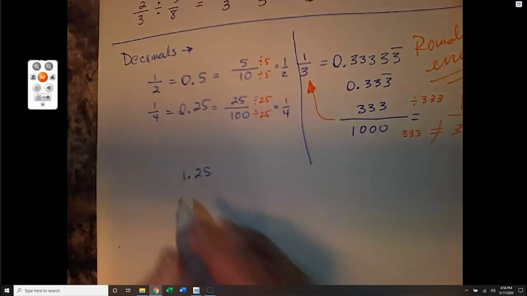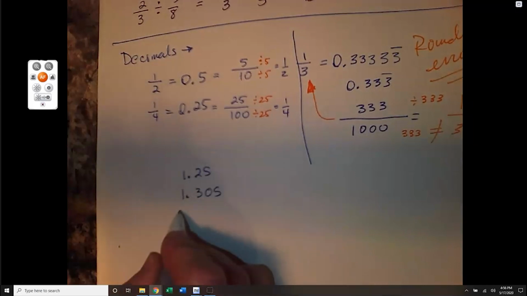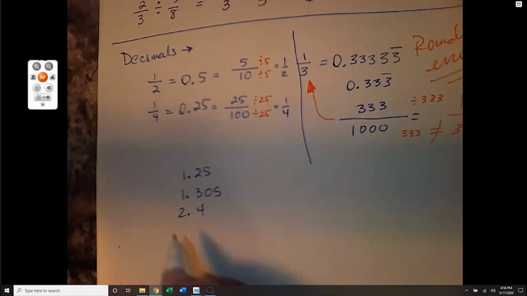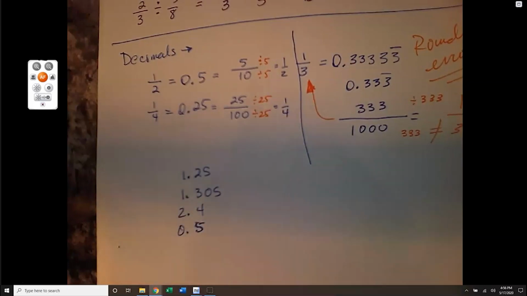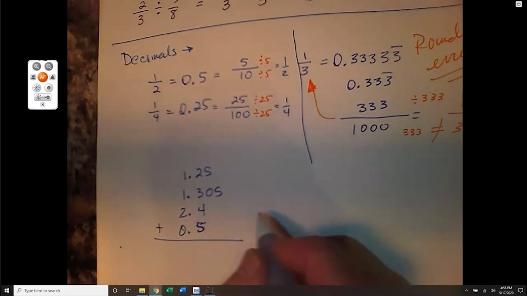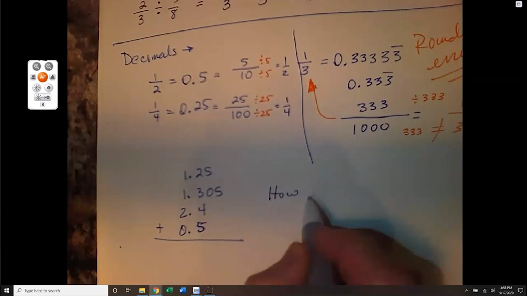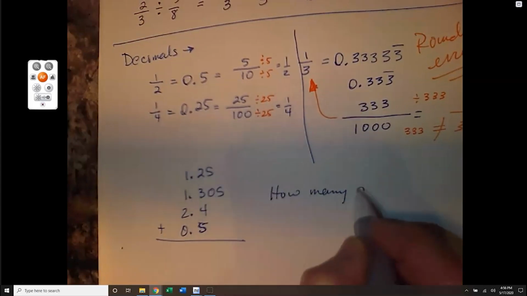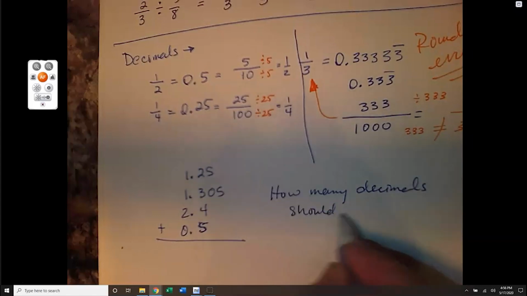We had 1.25, we had 1.305, we had 2.4, and we have 0.5. So if I looked at these numbers and I said, let's say we were adding them, something simple. And I said, how many decimals should the answer have?